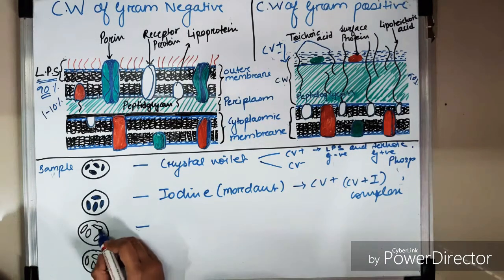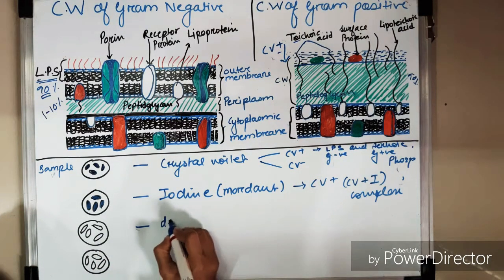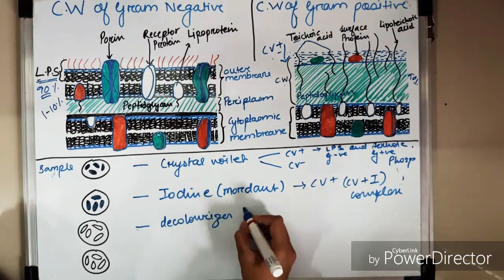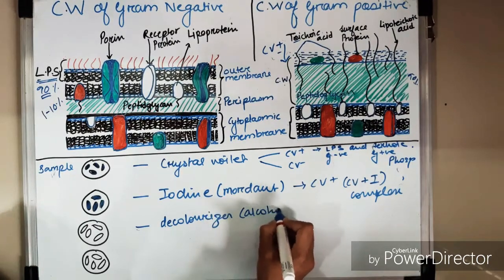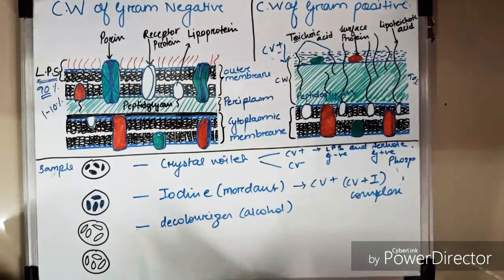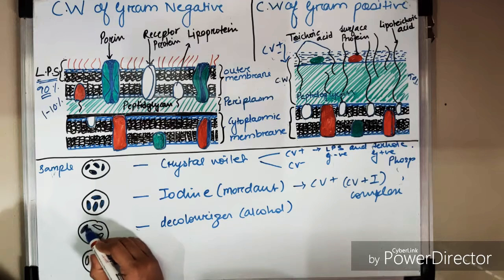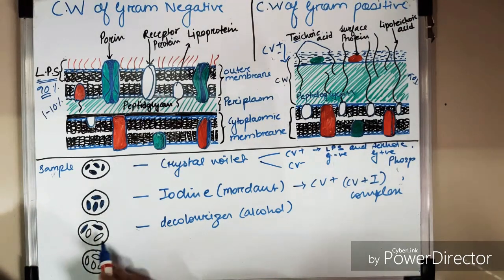Then there is an addition of a decolorizer, which may be alcohol or acetone. Mainly alcohol is used as a decolorizer. When the decolorizer is added, some bacteria remain stained purple while others decolorize themselves.